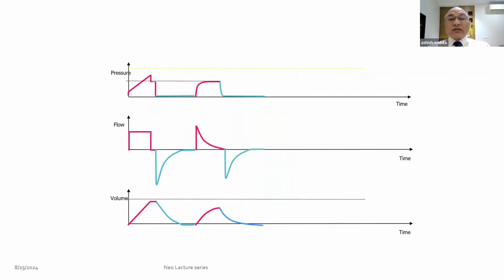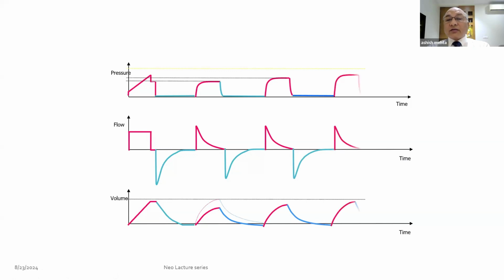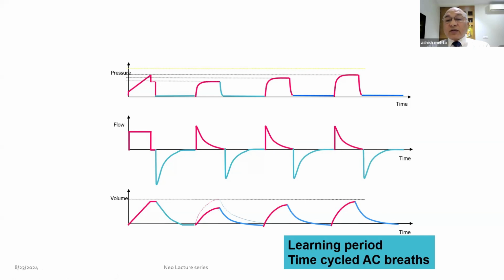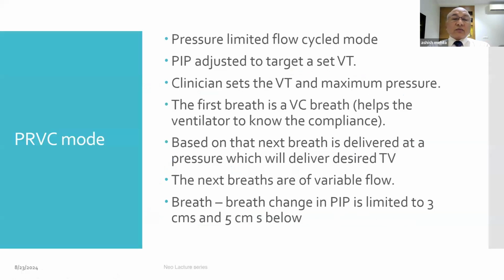With the next breath, again it will deliver 75%, as already discussed. With that, the desired tidal volume is not reached, so it will increase the pressure to deliver the tidal volume. It will keep on increasing till the desired tidal volume is reached. Once it is reached, it will keep on adjusting the pressure depending on the tidal volume.